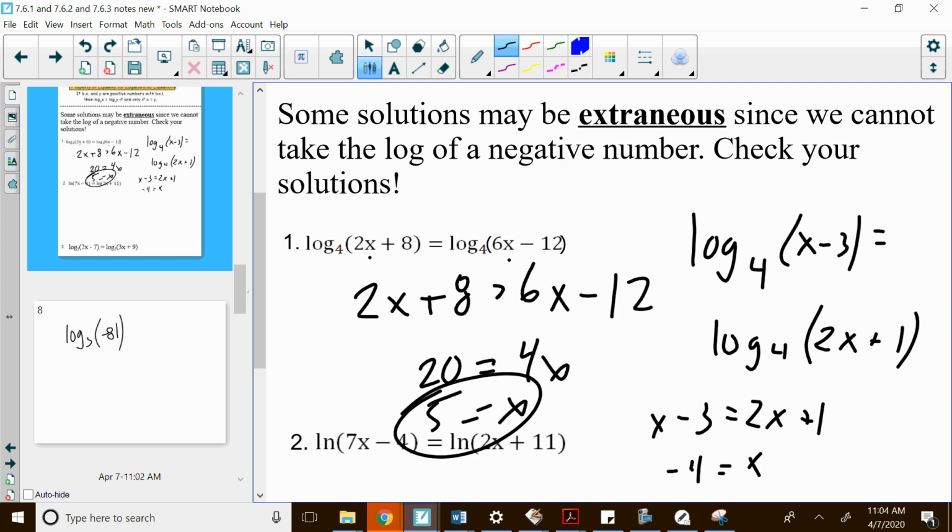And the problem with that is you'd have a negative 7 here and a negative 7 here. And although those two things might look the same, the log base 4 of negative 7 is not even a thing. So we would have an extraneous solution. We'd solve for it, we'd go to plug it in, and if we get a negative number there and a negative number there, we'd have an extraneous solution. There would not be a real solution to that equation. All right, and we'd move on.